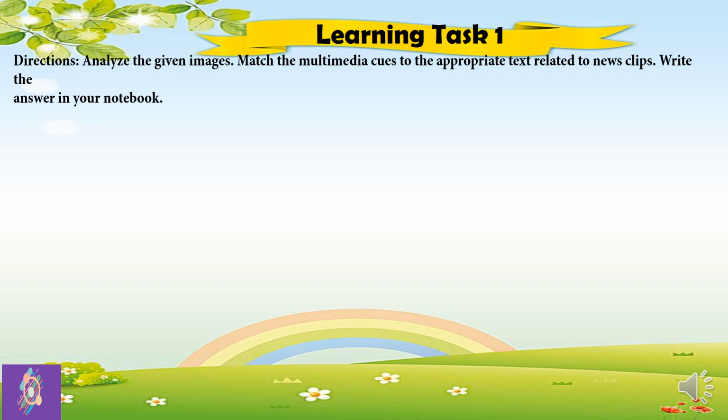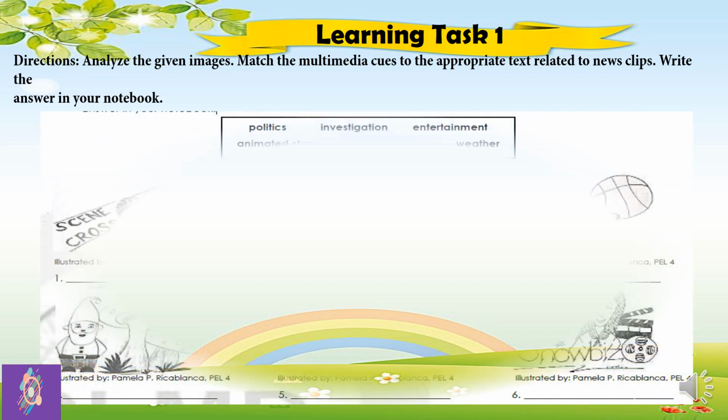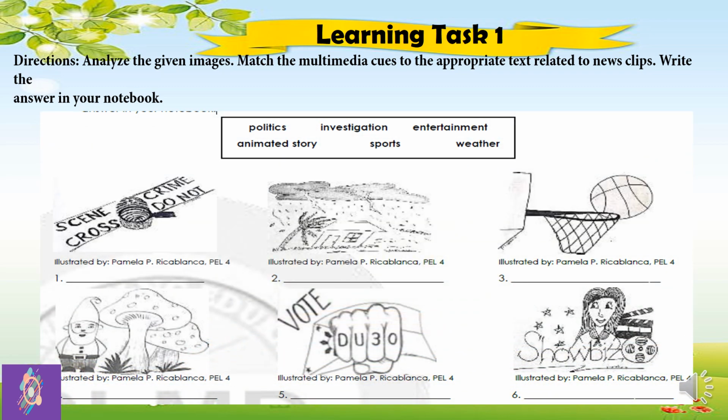For learning task 1, analyze the given images, match the multimedia cues to the appropriate text related to news clips. Write the answer in your notebook. So we have the following choices: politics, animated story, investigation, sports, entertainment, and weather. Now, let us answer learning task 1.